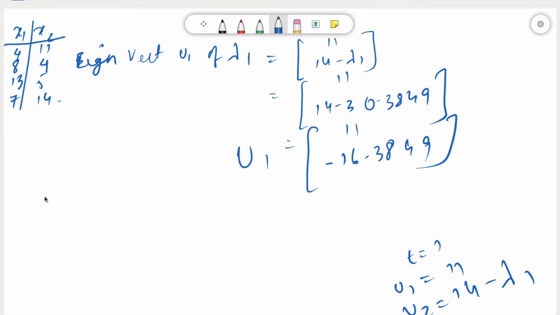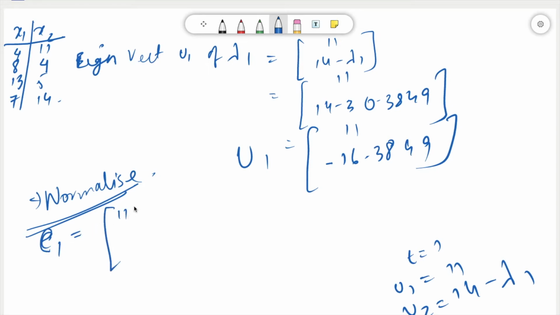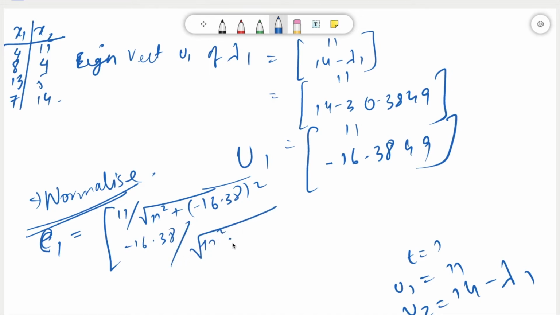The next step would be to normalize it. We are going to call this the unit eigenvector or normalized eigenvector. So E1 is equal to 11 divided by the square root of 11 squared plus minus 16.38 squared, and minus 16.38 divided by the square root of 11 squared plus minus 16.38 squared.